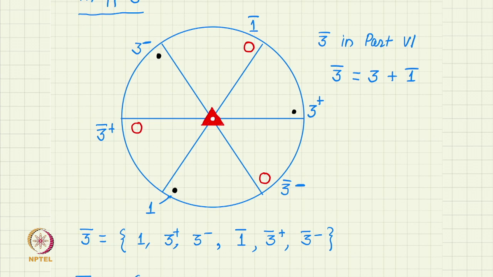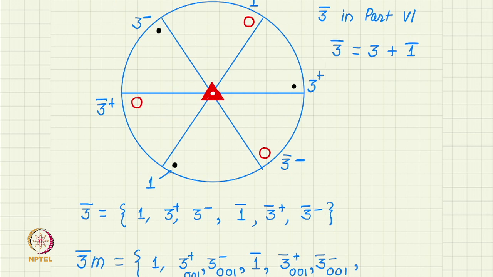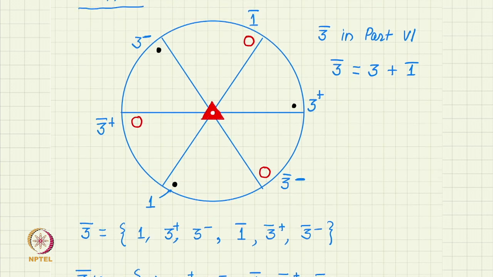This stereogram was generated there, and had 6 general positions, 3 of right handedness and 3 of left handedness. The group operations are 1, 3 plus and 3 minus, which relate to the 3-fold axis, and 1 bar, 3 bar plus and 3 bar minus, which result from the combination with 1 bar.